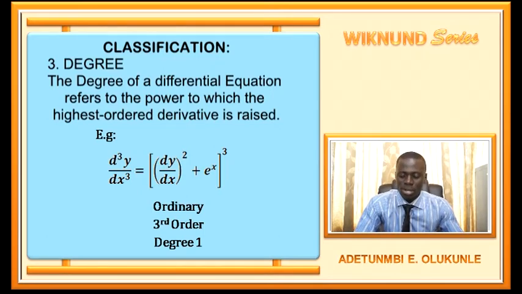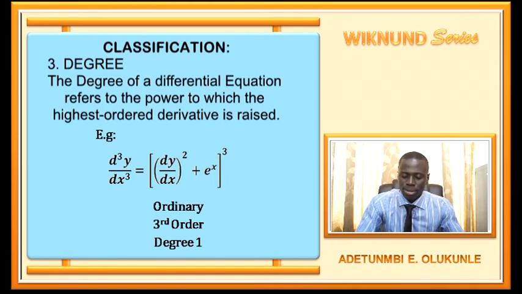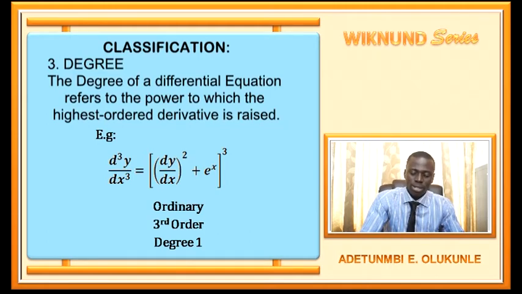What is the order? We have dy/dx here, but that's not the highest derivative we have. We have d3y/dx cubed. So this is the highest we have, so we say this is of order 3, or the third order. So what's the degree? We consider the power to which the highest order derivative, d3y/dx cubed, is raised, and that is 1.